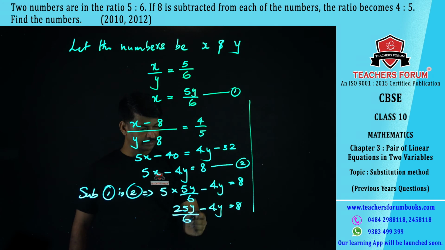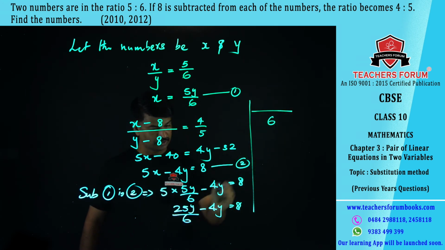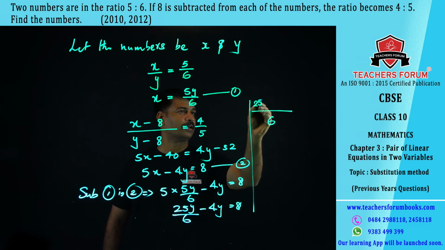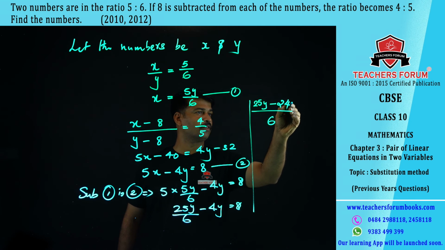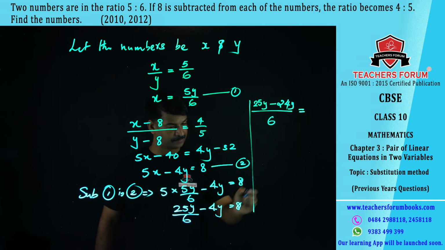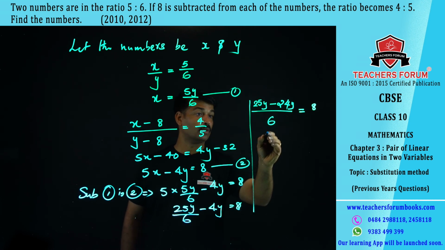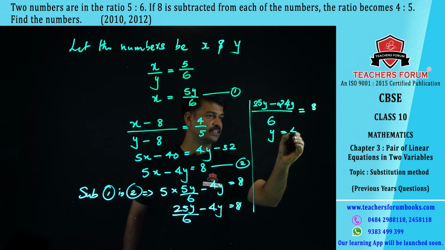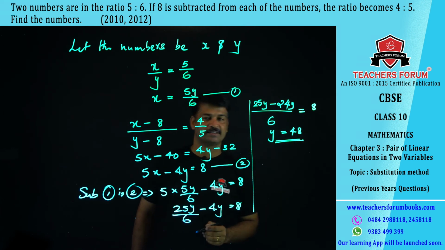If you take 6 as LCM, you will get 25y minus 6 4s are 24, 24y, equals 8. 25y minus 24y, 1y, that is y. Y is equal to 8 into 6, that is 48. Now you get the value of y as 48.